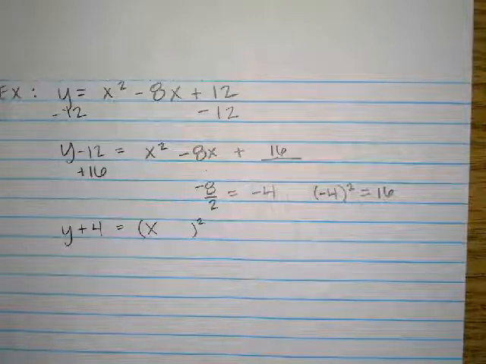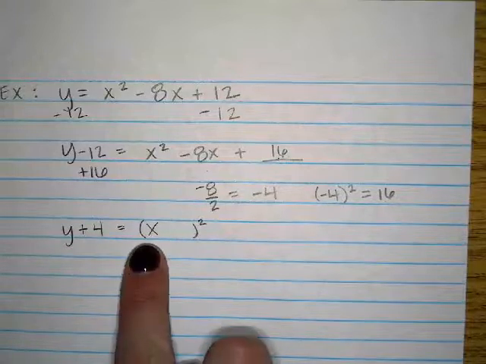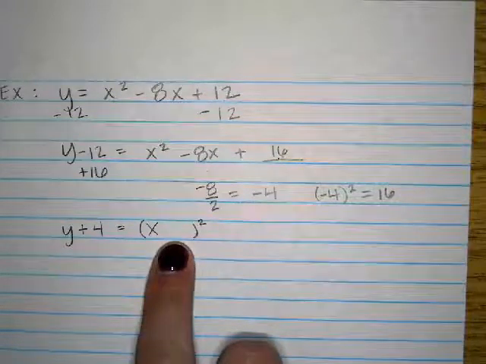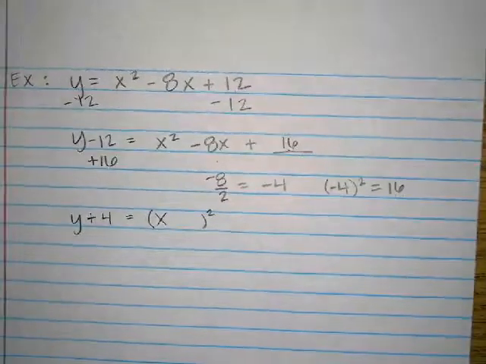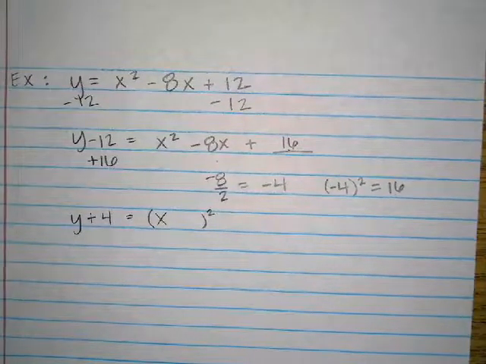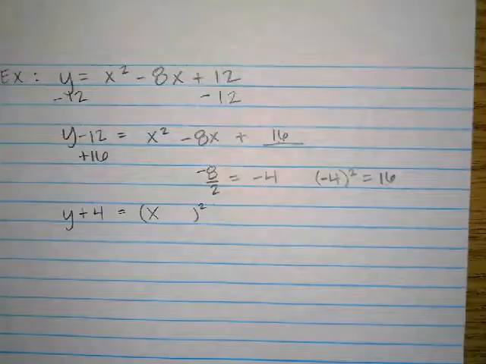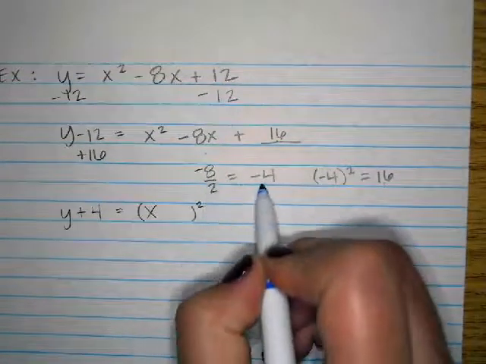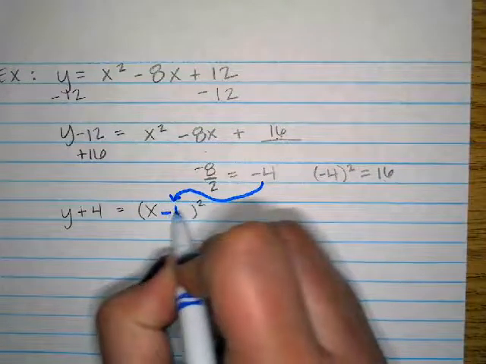It's an x and then something else. Negative 4. So whatever you got when you divided by 2, that number is the number that goes in the parentheses. So negative 8 divided by 2 is negative 4. That negative 4 is what goes in the parentheses.